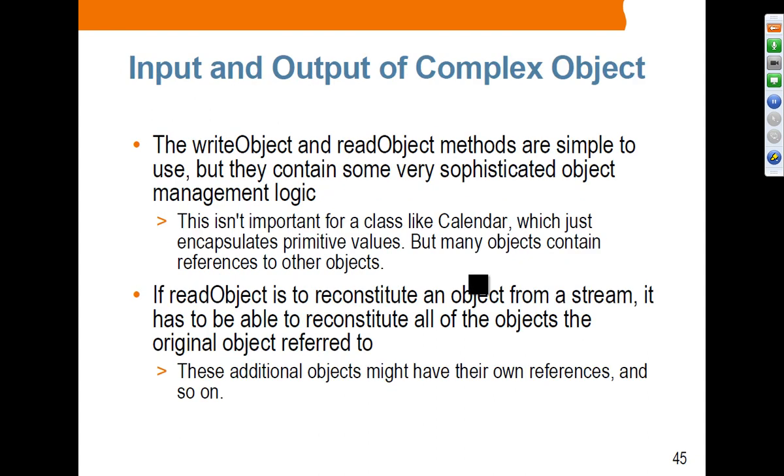Now, writeObject and readObject are simple to use, but underneath what goes on is very complex because, as you probably figured, an object in a Java program is not very simple. It could have another object as a property, and that object could contain another object as its own property, so you could have multiple levels of object references.